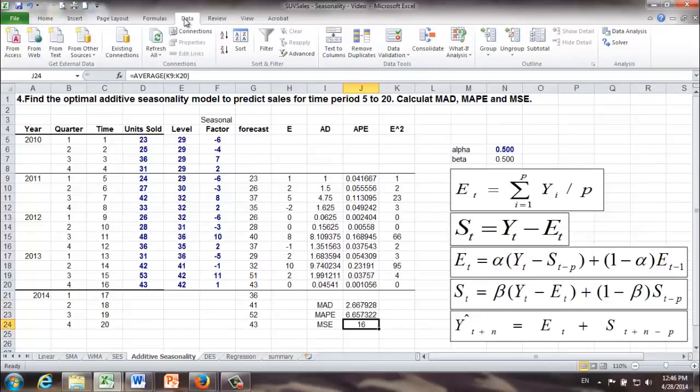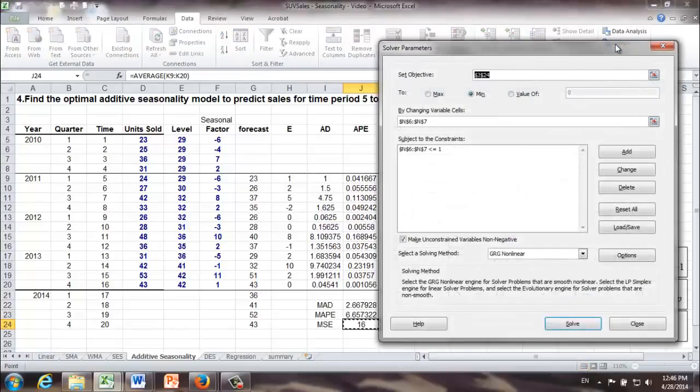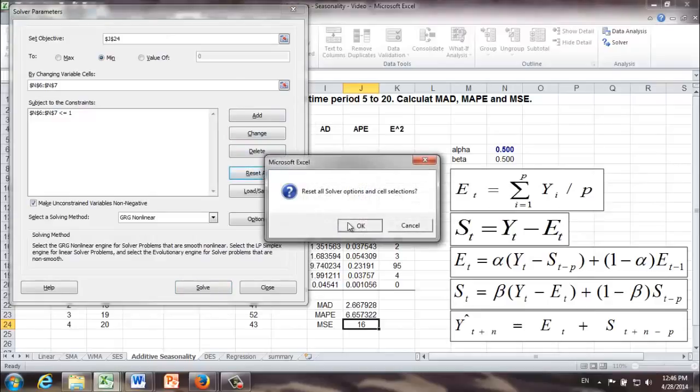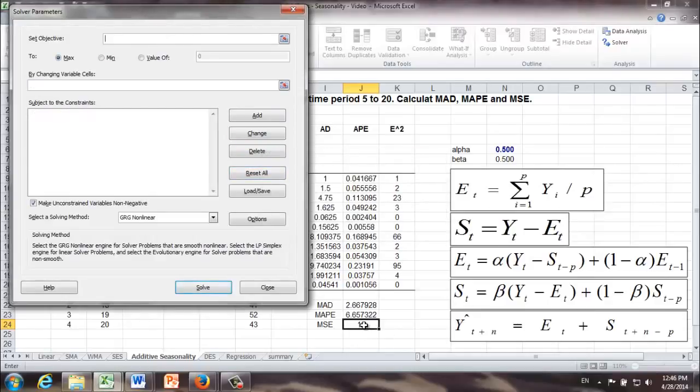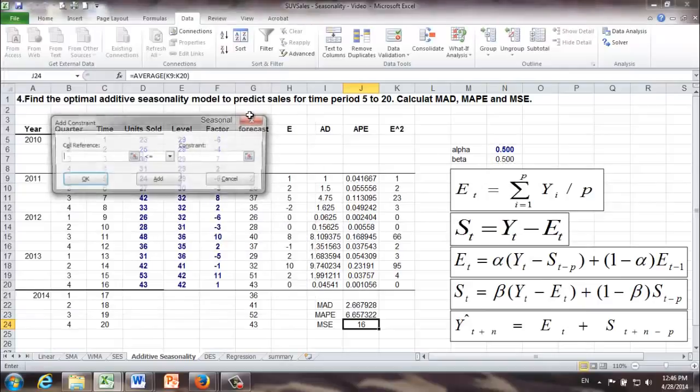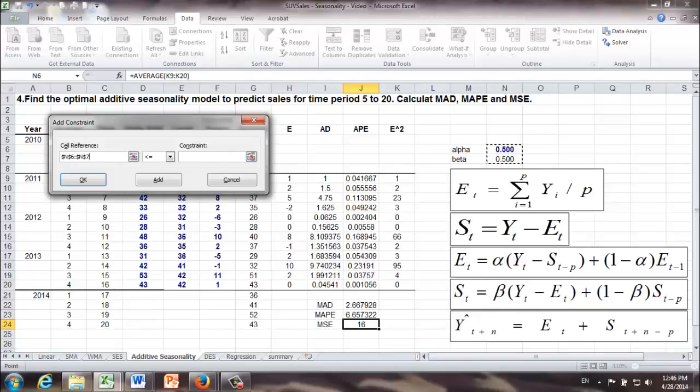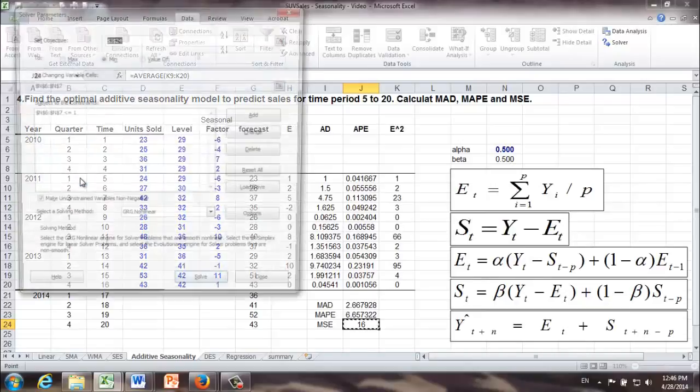Once again, we're going to go to Data tab, click Solver. Objective, let me reset all. Objective would be MSE, which we would like to minimize by doing what? By changing alpha and beta value. Constraint would be that alpha and beta are numbers between 0 and 1, so they have to be less than or equal to 1.